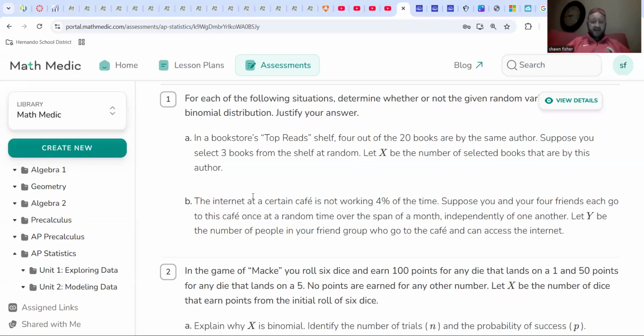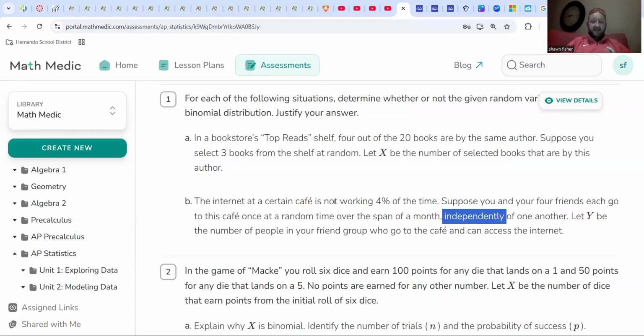Is it binary? Yeah, a person goes in and 96% of the time, the internet works, 4% of the time it does not. So it's a pass or fail situation. Is it independent? Yeah, it tells us it's independent of one another.